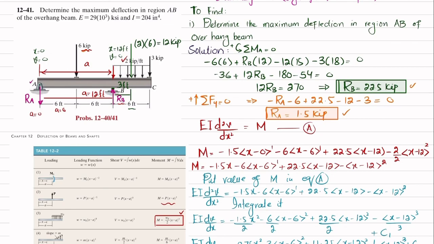Let me also draw it. It will act like this. Not like this. Again, let me correct it. It will deflect like this.